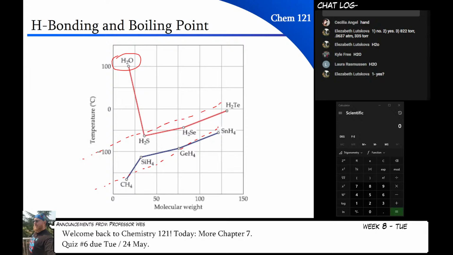So as molecules get bigger, the boiling point slowly climbs upward. But water is a very strange exception. And it's fortunate for that because by virtue of water having such a high boiling point, life can exist in liquid water at a reasonable temperature.